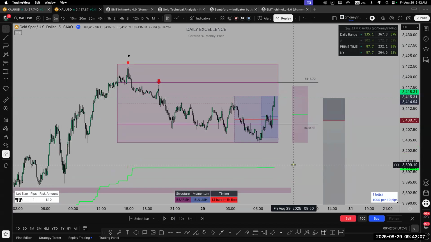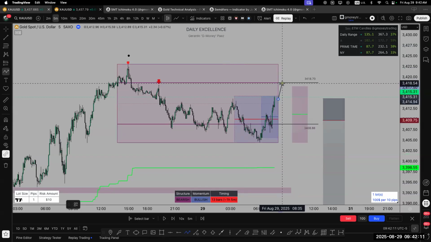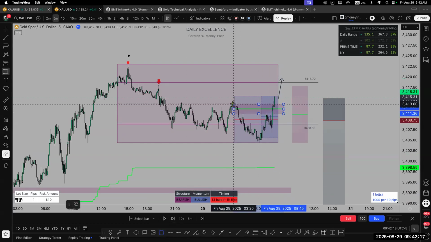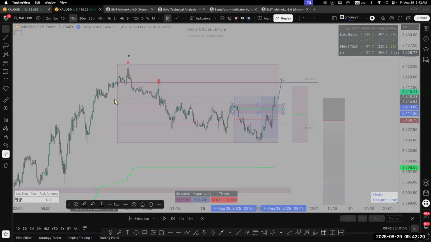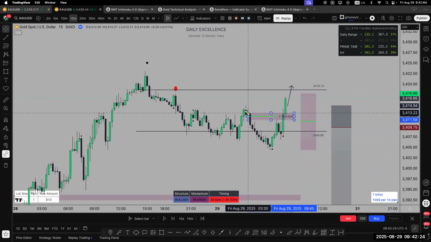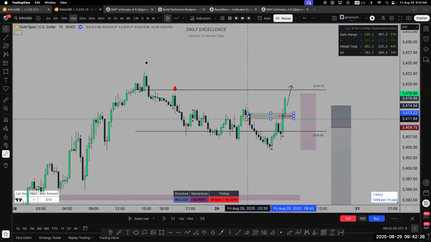Before we push the button to buy, we at least want to let price hit the 23%. Guys, I did attempt a sell in this area because I saw a 15-minute base drop. I didn't share that signal with you because I was just going to put the first entry there.